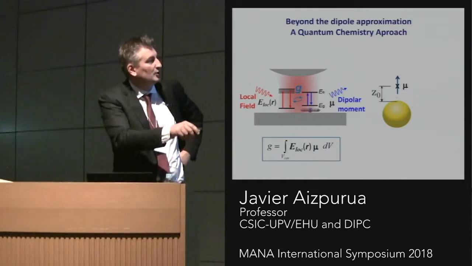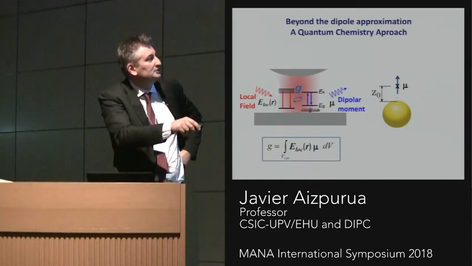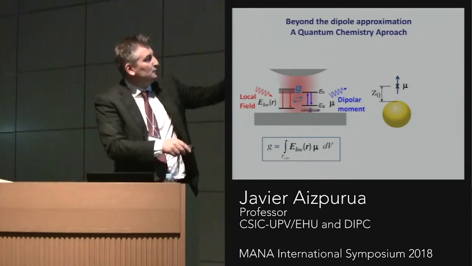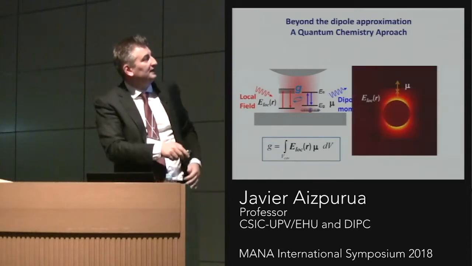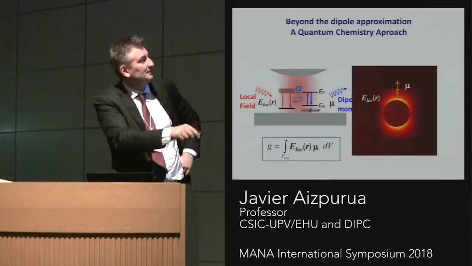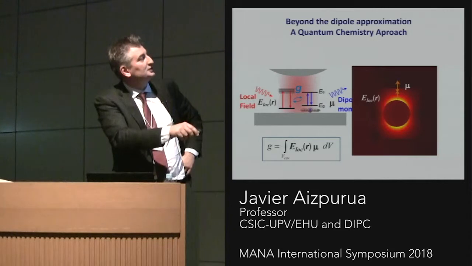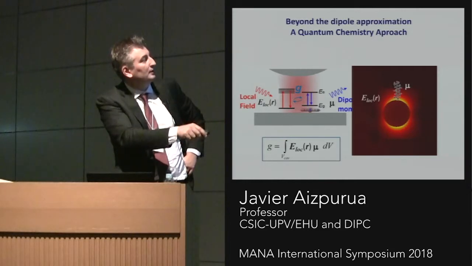For example, in this plasmonic cavity, when you put a point dipole, if you plot the local field associated with these plasmons, you see how the field is extremely inhomogeneous. If a molecule is put there and considered a point dipole, it's going to be very artificial because the actual molecule might extend along the whole inhomogeneous field.